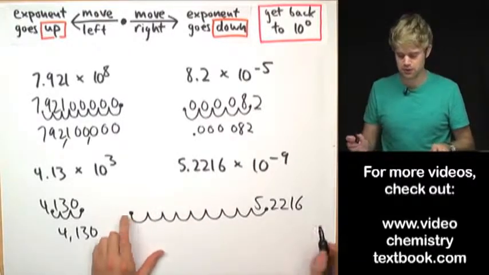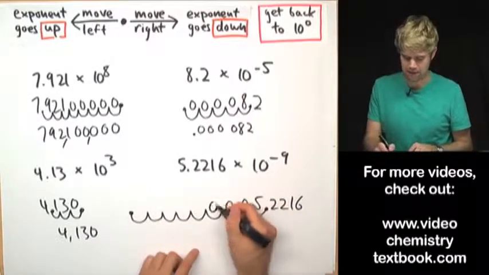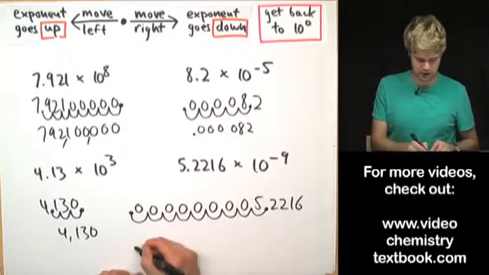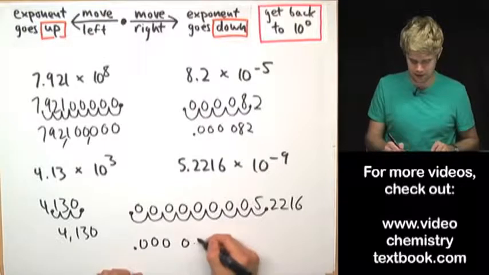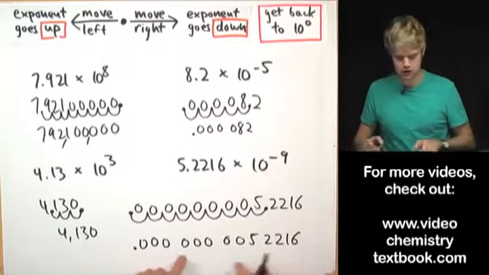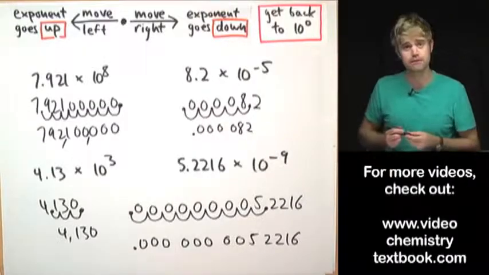There's my new decimal place location. And I fill in all of the space in between the points with 0. And then I can rewrite my number just like this. And here it is written in decimal notation.